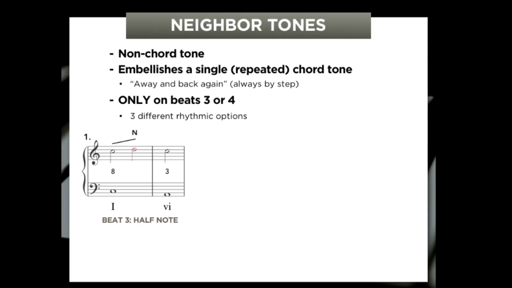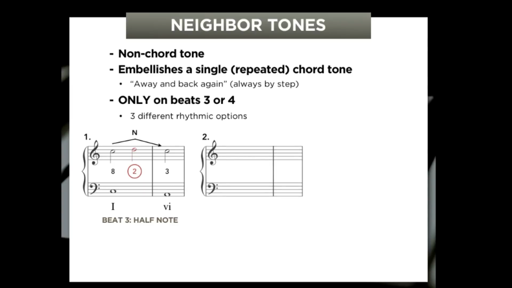We could, for instance, go up to a D, creating a non-chordal second above the bass, and then back again. And there's our away and back again motion you can see with the angled arrow here. We start on a chord tone, go up, and then back down again. And your neighbors can be above or below the embellished note.